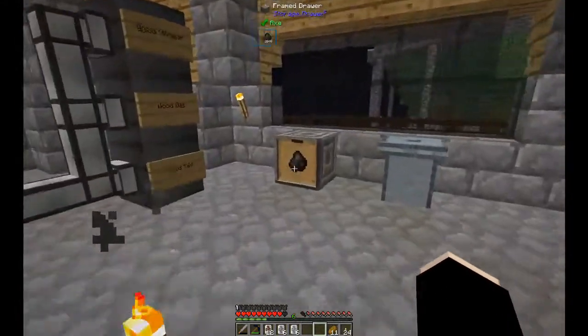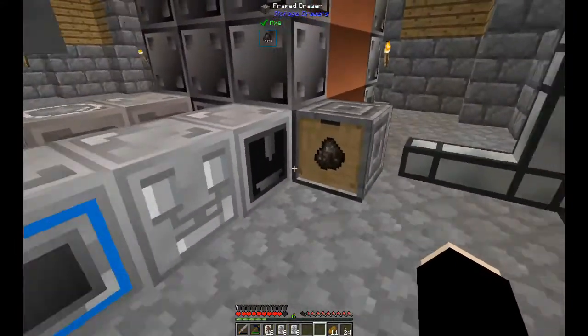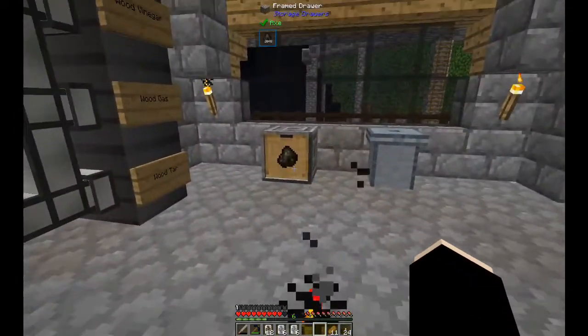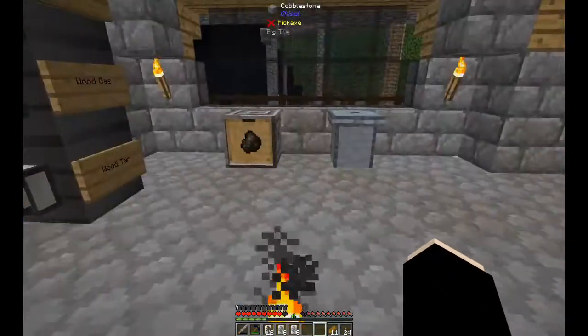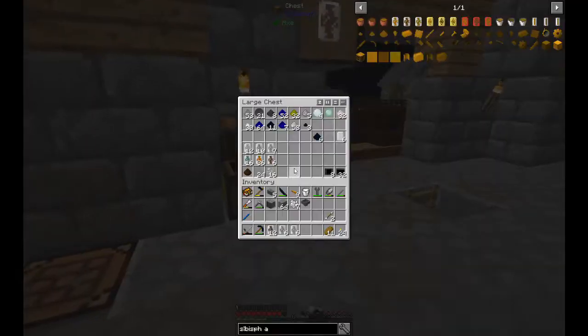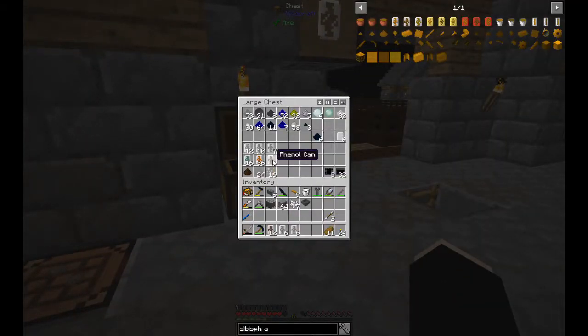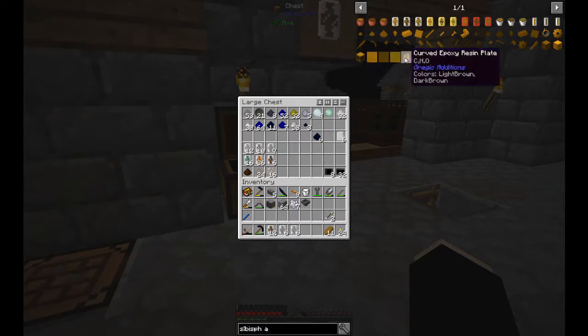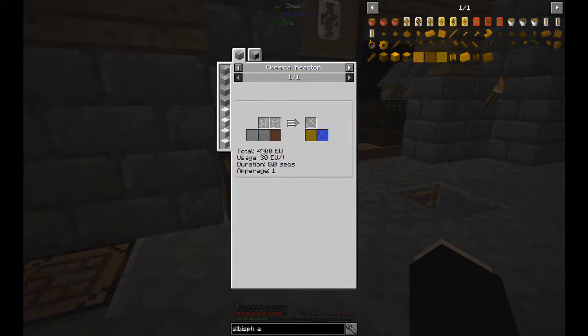And it also gave me about 3,000 charcoal. I couldn't even keep it up with 1 drawer. But we now have 18 phenol, and in this case I need 6 phenol, 6 acetone, and 6 hydrochloric acid to make bisphenol A in a chemical reactor.